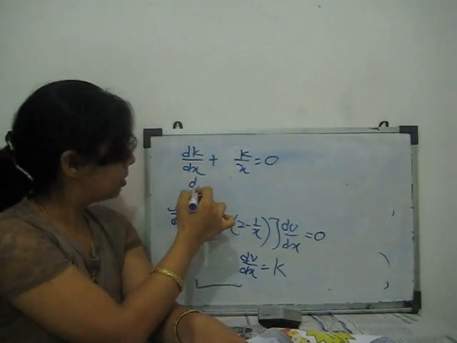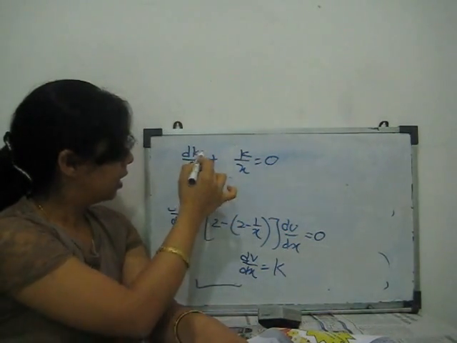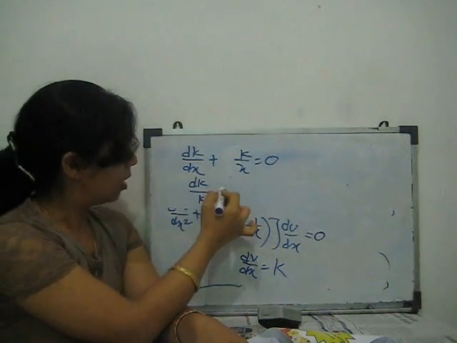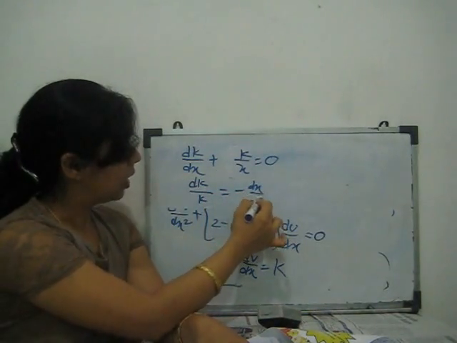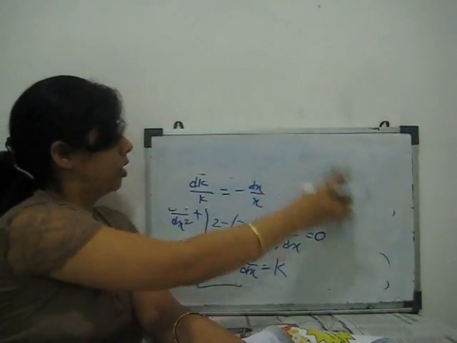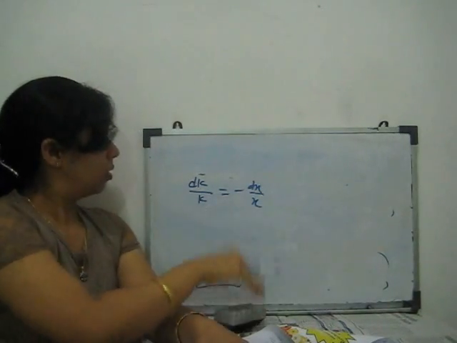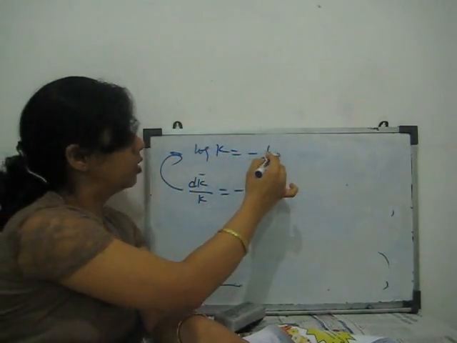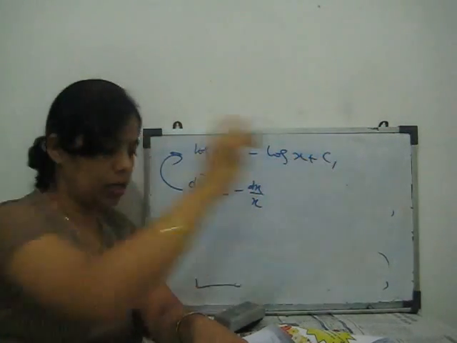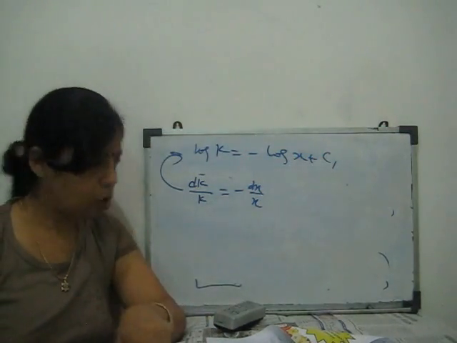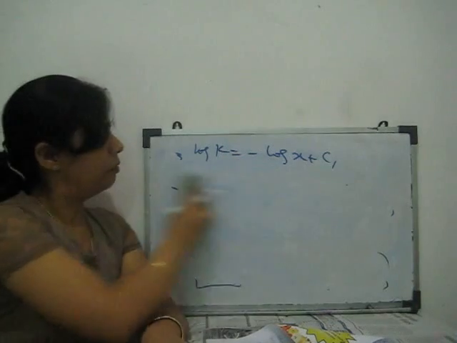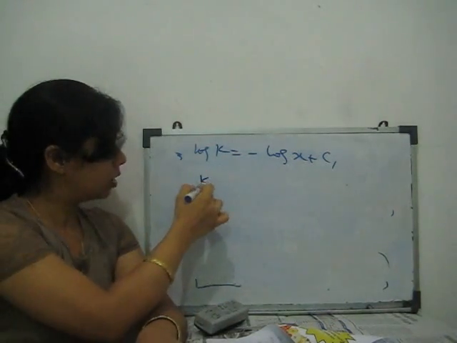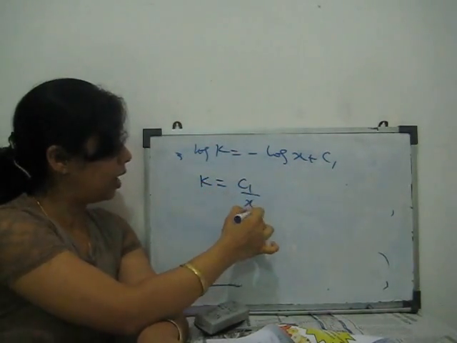In this variable separable case, we can easily say dk by k is equal to minus dx by x. Okay, so this gives log k is equal to minus log x plus c1. Clear? Now if we remove the log, then k is equal to c1 by x.